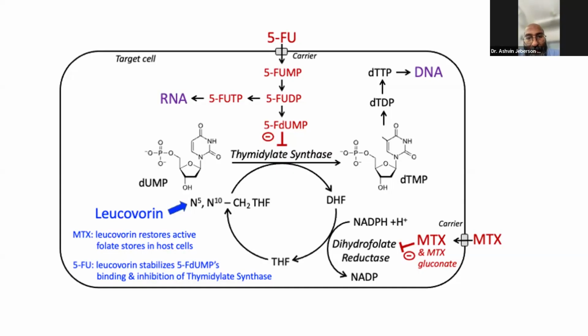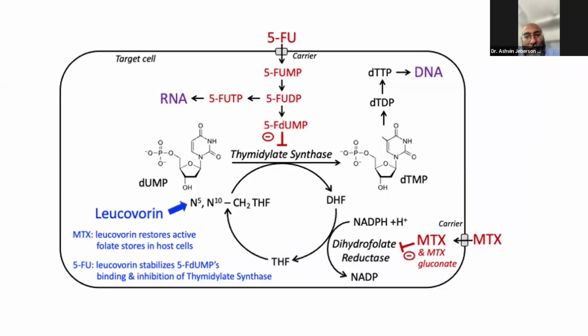So the main thing is that there are two drugs we see, 5FU and methotrexate. For 5FU, the leucovorin will potentiate its action. Whereas for methotrexate, we are using leucovorin for another reason, that is to rescue the normal cells from the toxicity. What is leucovorin? Leucovorin is just the reduced tetrahydrofolate.